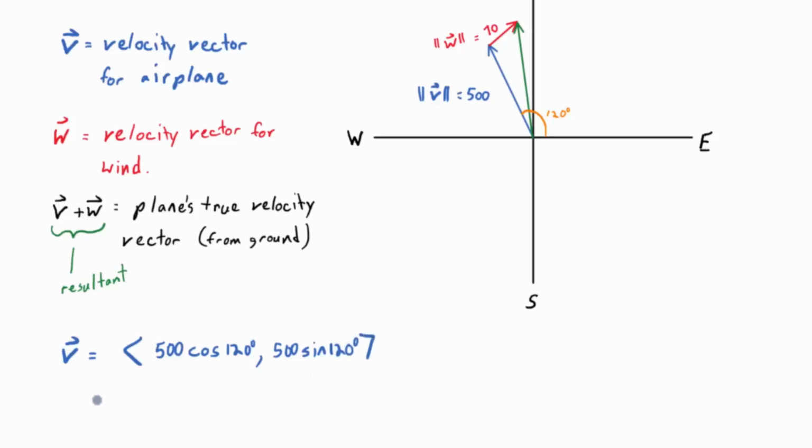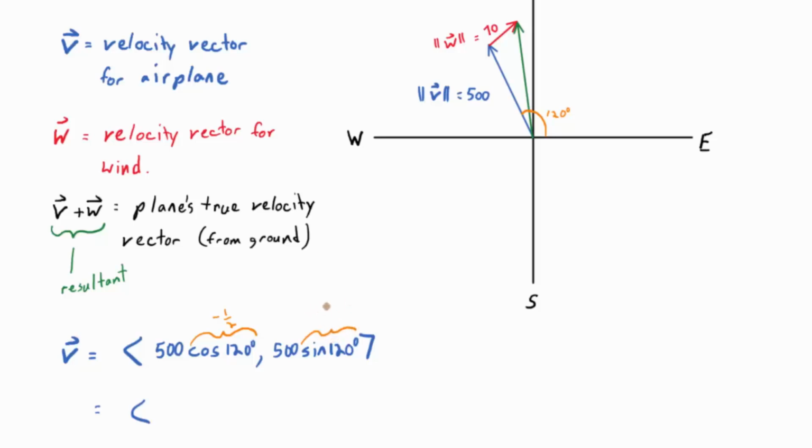And then if you can, and we can, get exact numbers just for practice. The reference angle for 120 is 60. It's in the second quadrant. So what's the cosine of 120? Negative a half, except it's negative. And what's the sine of 120 in the second quadrant?